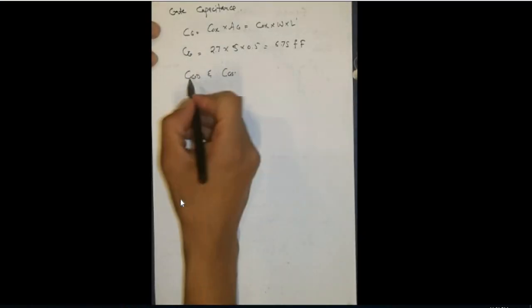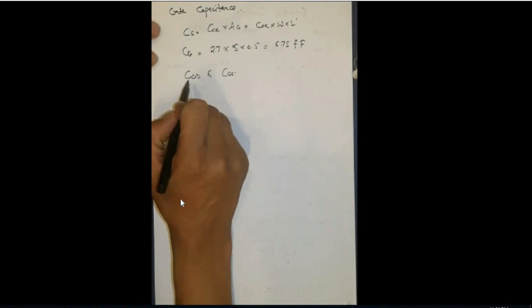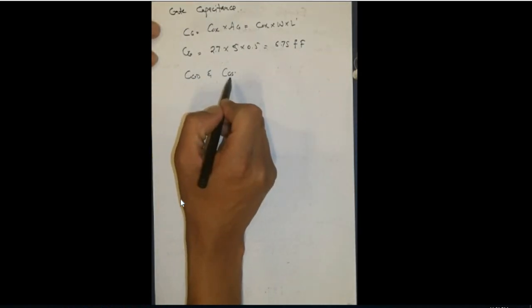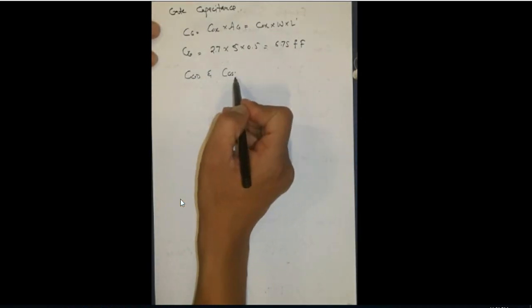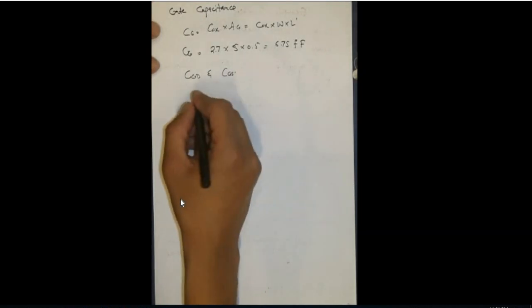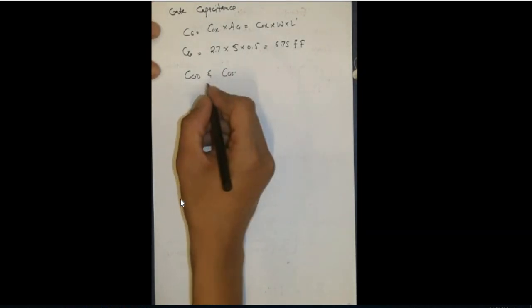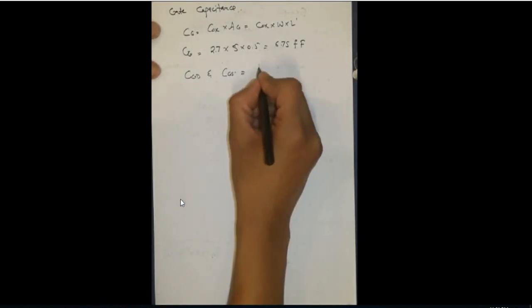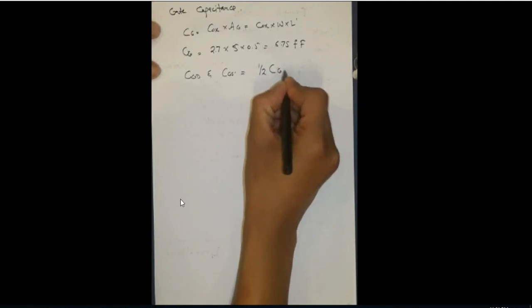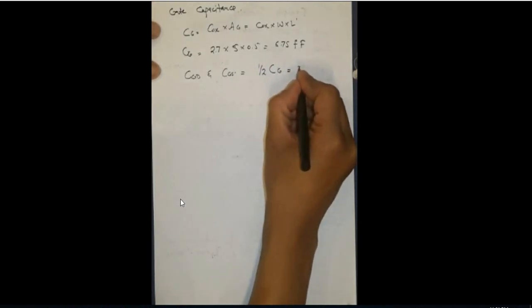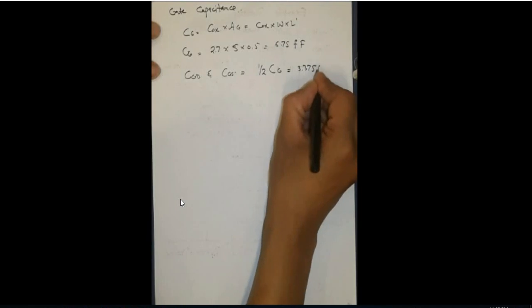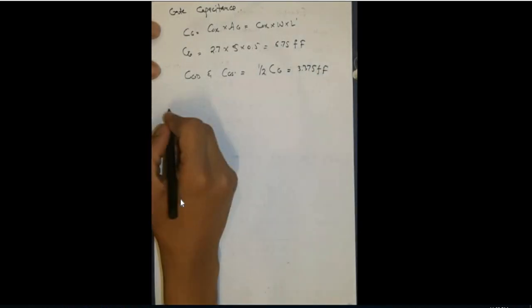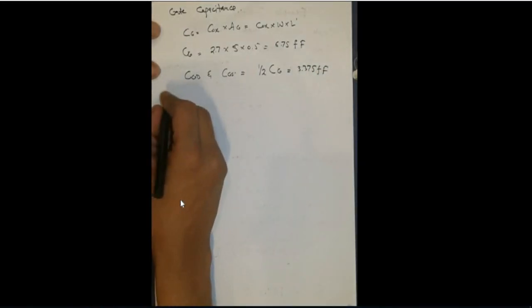So if we know the values of gate capacitance, what would be the value of CGD and CGS? These were given by half of the gate capacitance. So I can say that these were equal to 1 over 2 Cg, which are equal to 3.375 femtofarad. Then we have to find the junction capacitance.